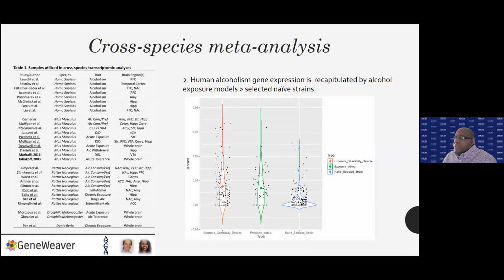Here we're comparing across the different experimental paradigms. This shows the Jaccard similarity between the different gene sets within humans and the model organisms' expression lists, and we see that the exposure mice had higher Jaccard similarity estimates.